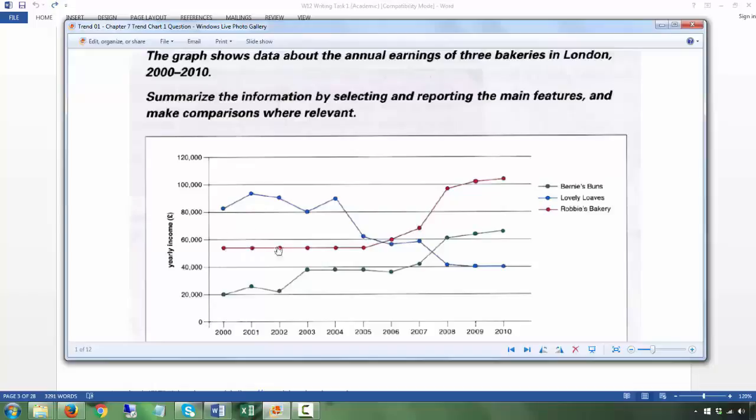And just imagine, I'm saying talk about the trend. Imagine if I tell my friend who cannot see this that the trend for the yearly income of Robbie's Bakery and Bernie's Buns was upwards, while that for Lovely Loaves was downwards. Do you think that is a big picture view?